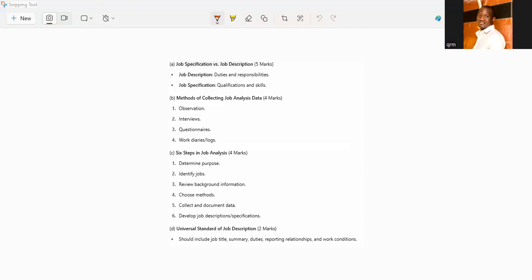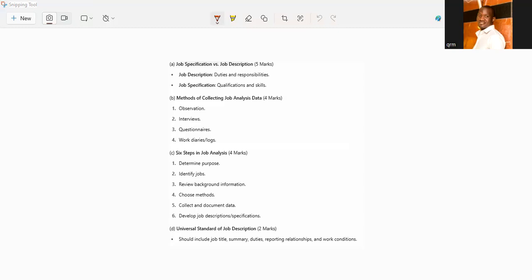Interviews are another way of collecting job analysis data, because you can conduct a semi-structured or a structured interview with employees and supervisors to provide in-depth information on the job duties, the requirements of the skills, the challenges, and it allows for clarification and discussion. It makes it suitable for both simple and complex roles.